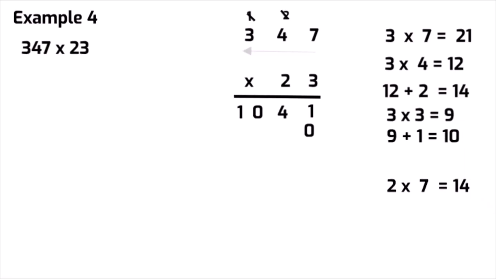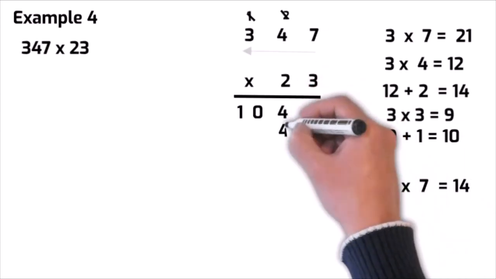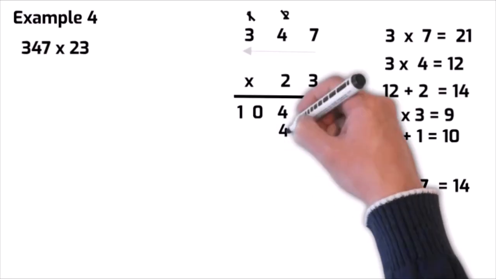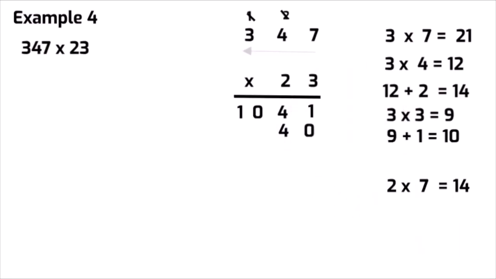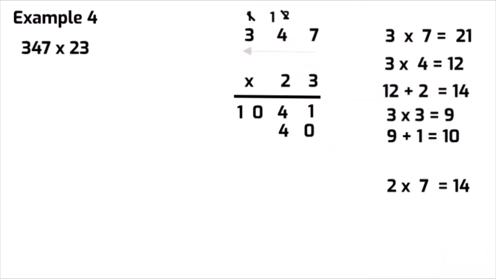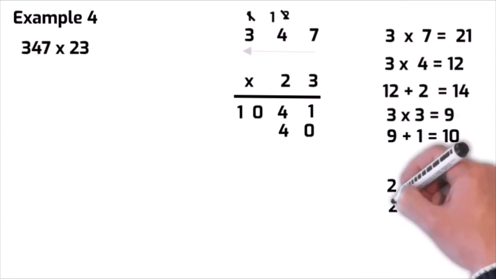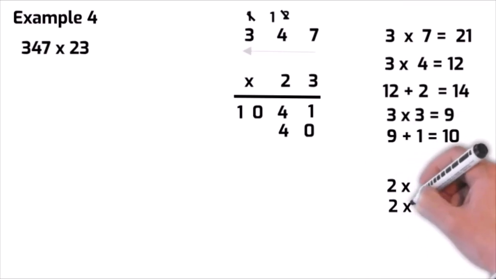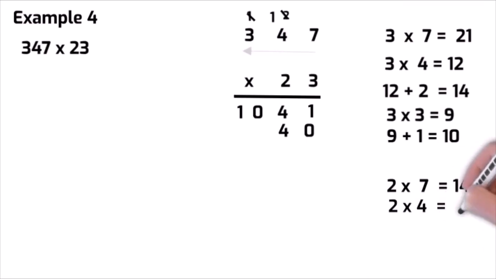We go down and write down 4 and carry 1 over. Next, we say 2 times 4. 2 times 4 is 8. Remember, we carried 1 over, so we add it to 8.